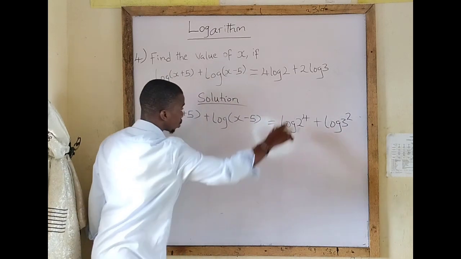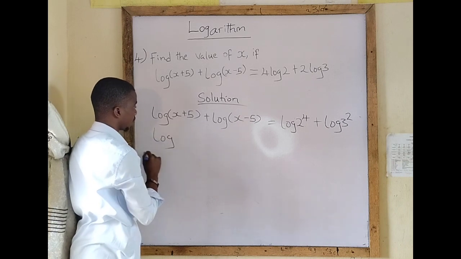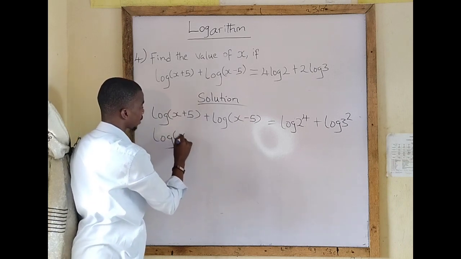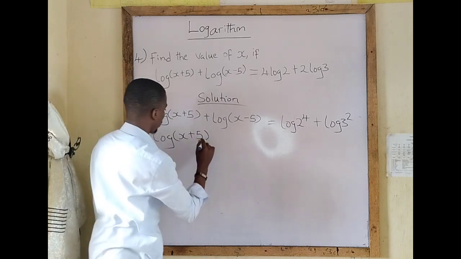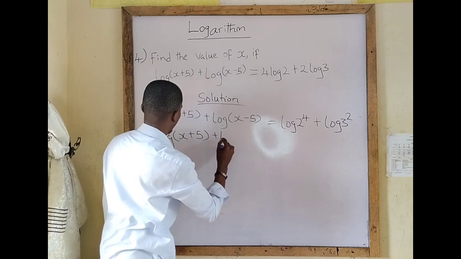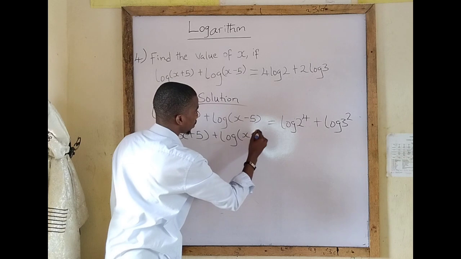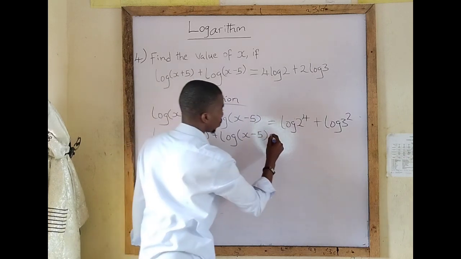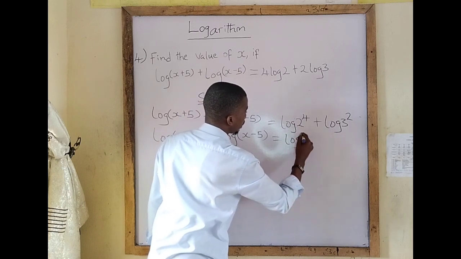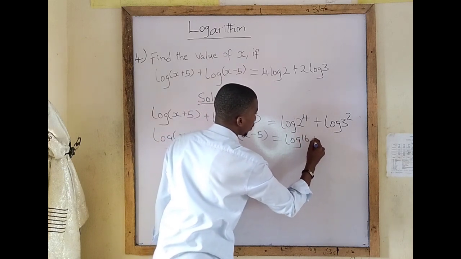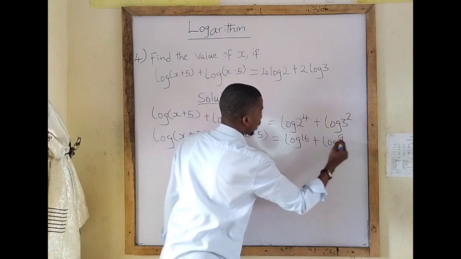It has power on top of it. All right, so we have log(x + 5) + log(x - 5) = log 16 + log 9.